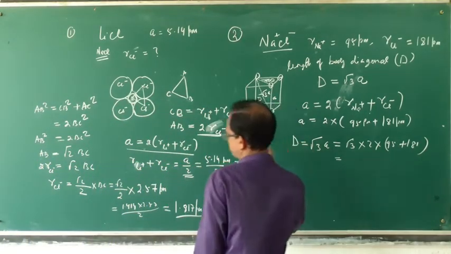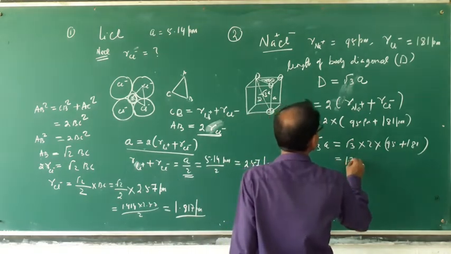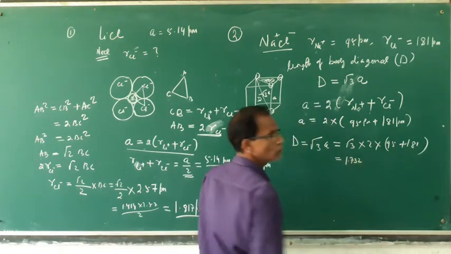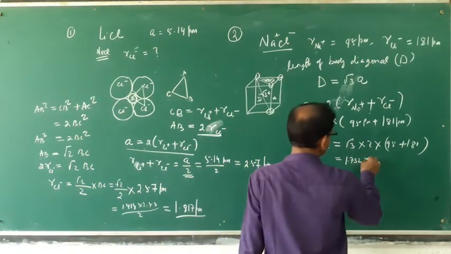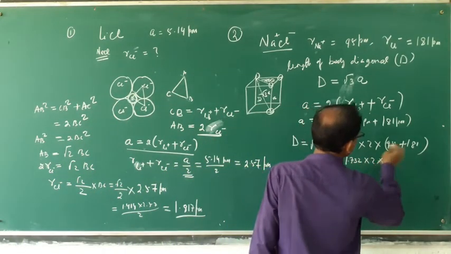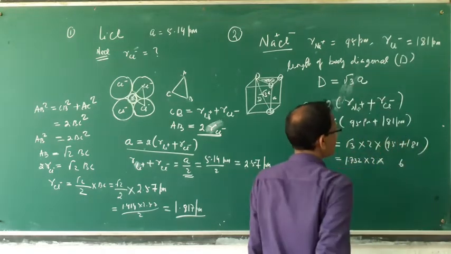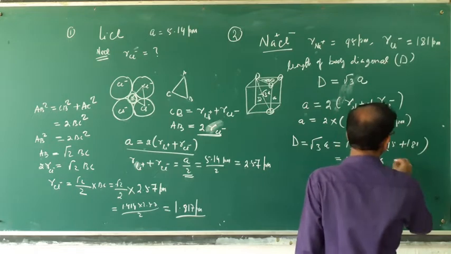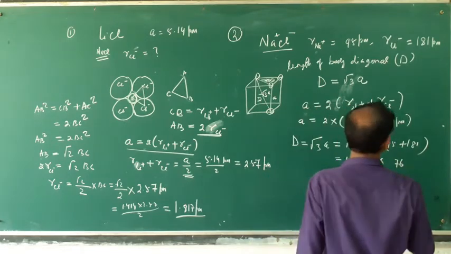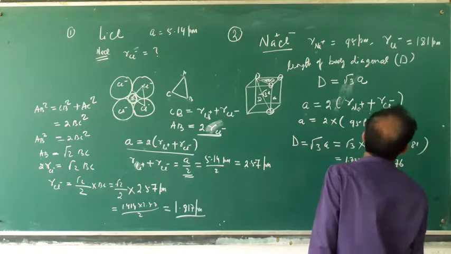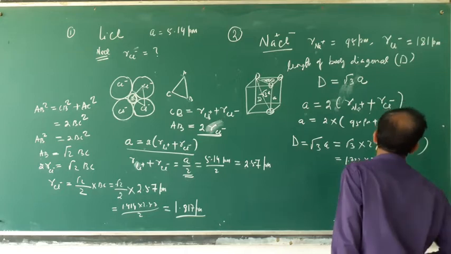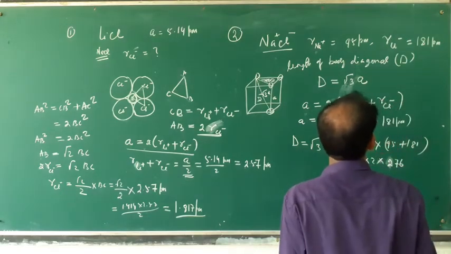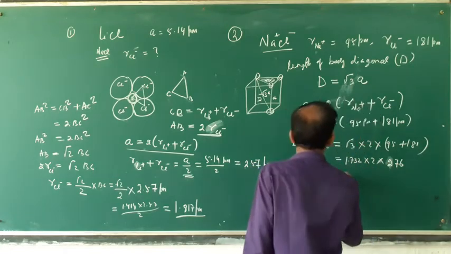Value of D. Root 3 value is 1.732. 1.732 into 2 into 276. So what answer is coming?